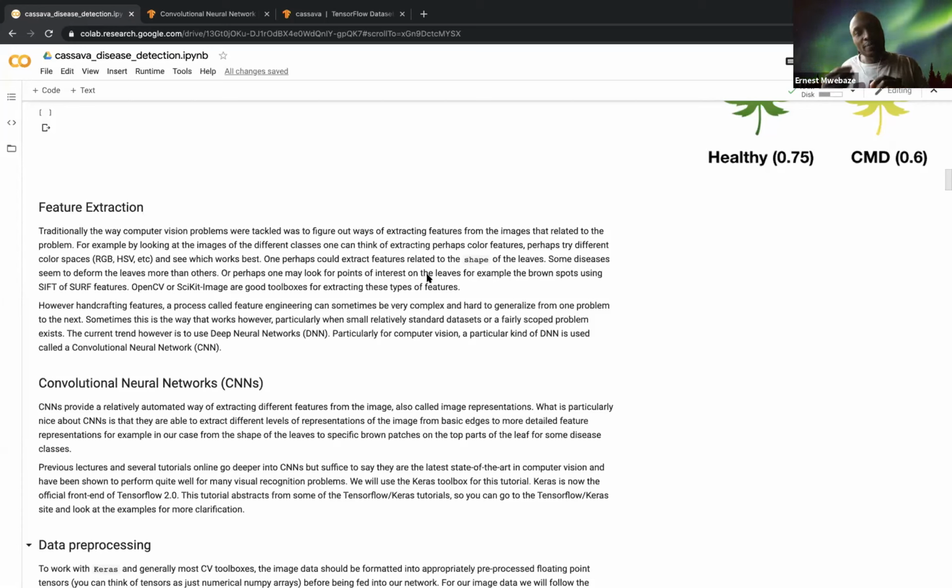A lot of the feature extraction was very tied to the problem. For example, in this case we have leaf disease detection, so you'd come up with a unique feature extraction toolbox for this problem, because it would not work if you were doing microscopy or trying to detect other types of features for other types of problems.